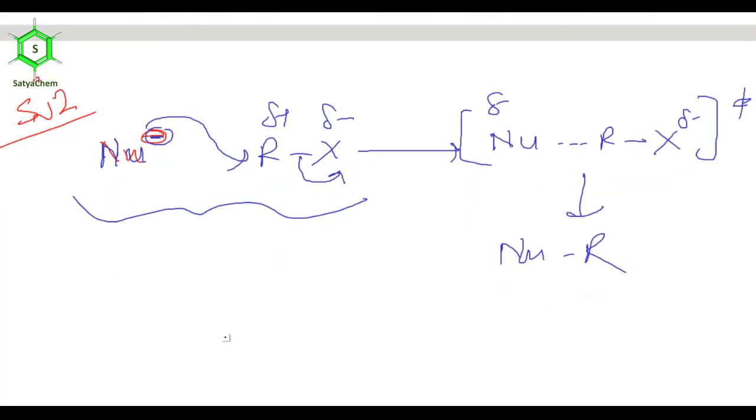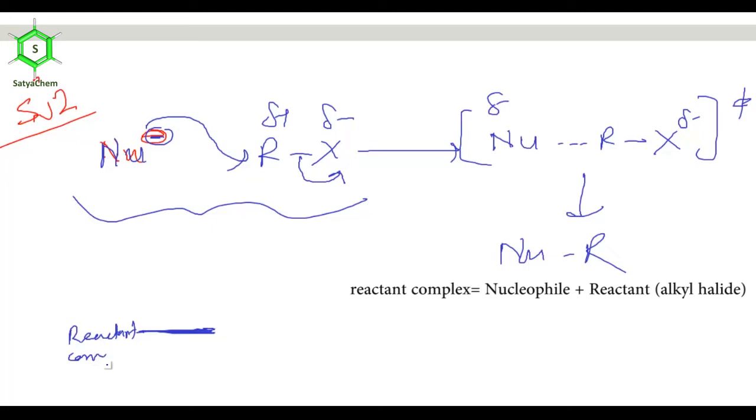So suppose this is where solvent polarity is less, the energy of the reactant complex. When solvent polarity is less, then this is the transition state. This blue color indicates that solvent polarity is less.